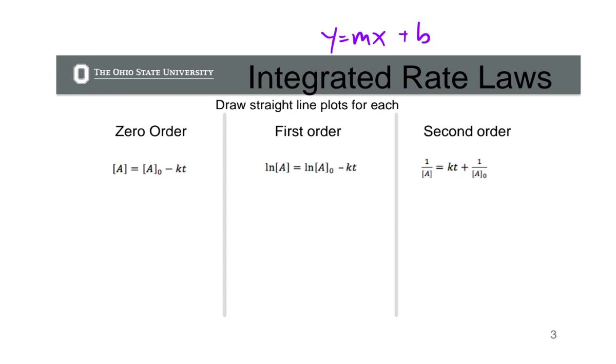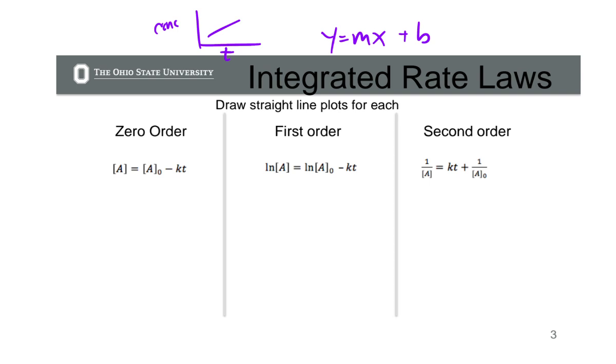Again, we're basically fitting to a line. Some will be positive, some will be negative. When we plot these, we're going to have some form of concentration on the y-axis, and time is going to be on the x-axis. So time is always going to be x.